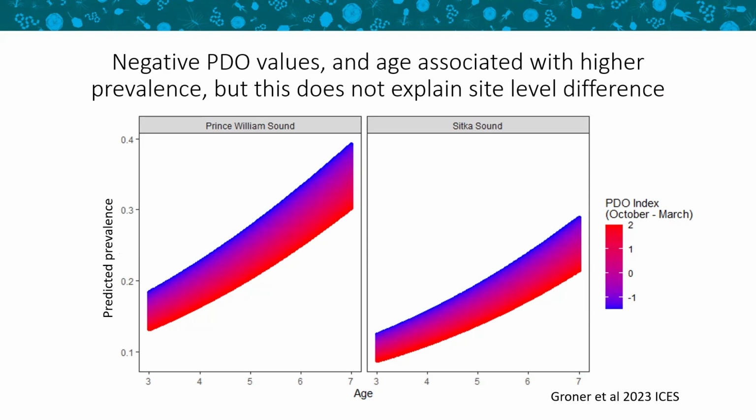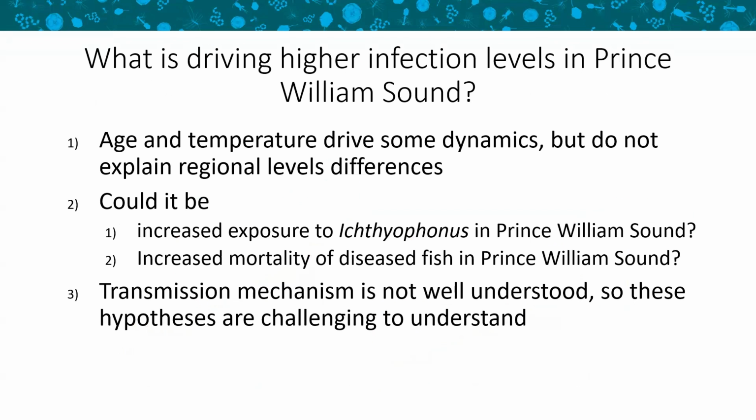So it's explaining the trends across these 2 populations, but it doesn't explain the site level differences. So to summarize, we see that age and temperature, which is associated with the Pacific Decadal Oscillation, are driving some of the dynamics of this disease, but they don't explain why we're seeing differences in these infection levels.